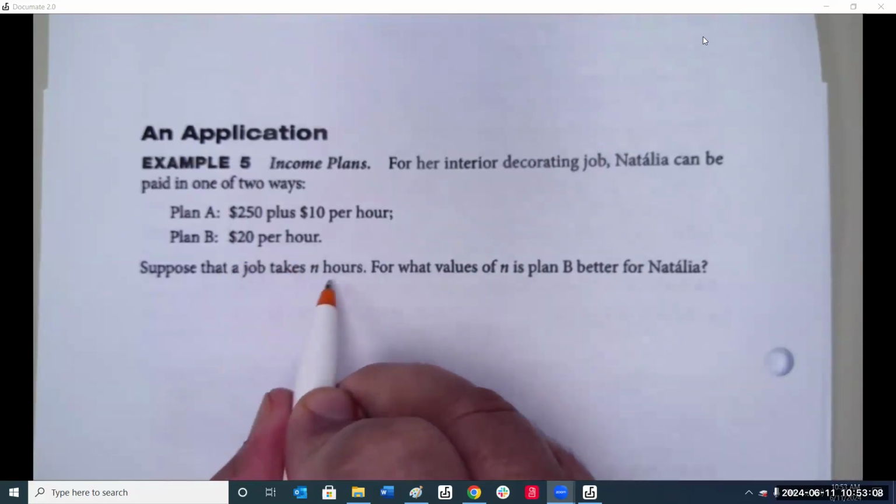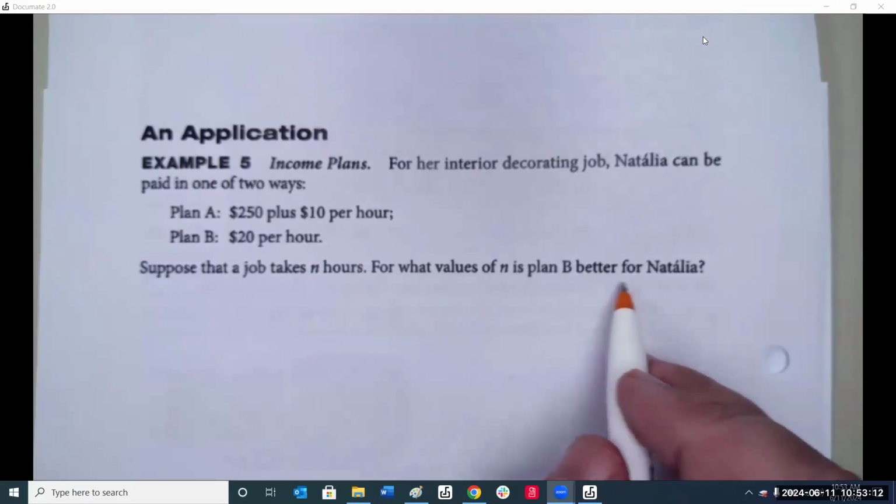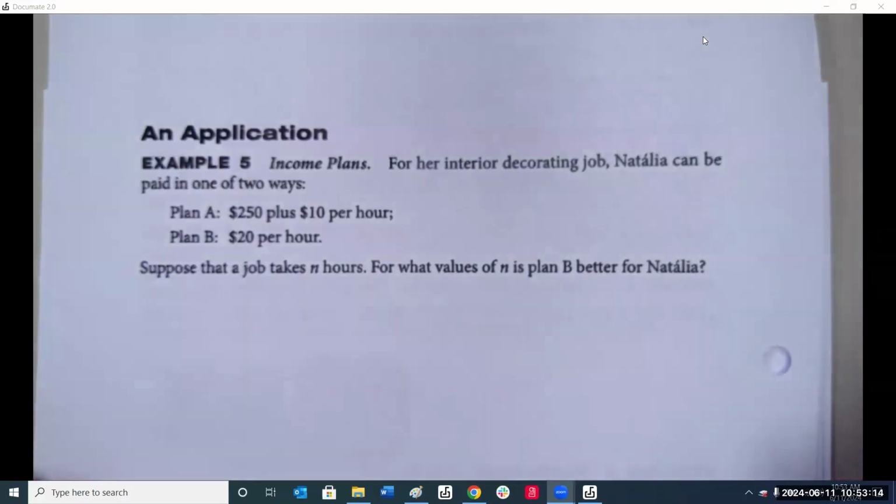Suppose that it takes the job N hours. For what values of N is plan B better for Natalia? So instead of X, they use N.